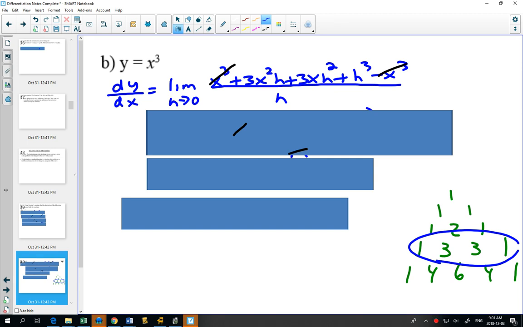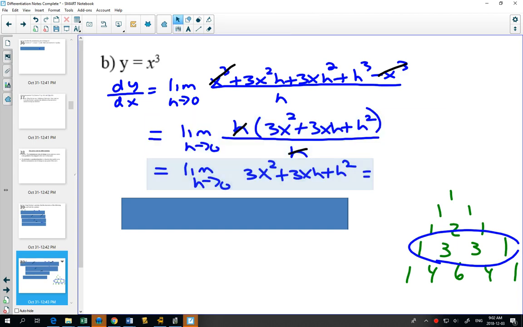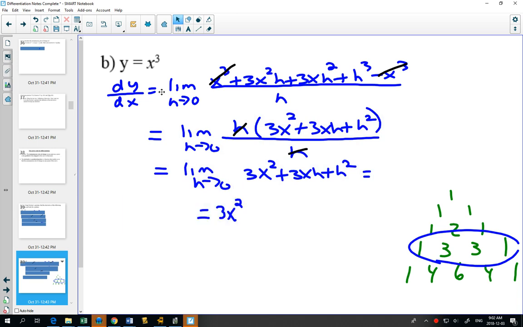We start off with x cubed, then 1 less x, then 1 less x, then no x's. Start off with 0 h's, then 1 h, then 2 h's, then 3 h's. And the coefficients can come from Pascal's triangle. So again, simplify, factor out your h, evaluate your limit, and we get 3x squared.